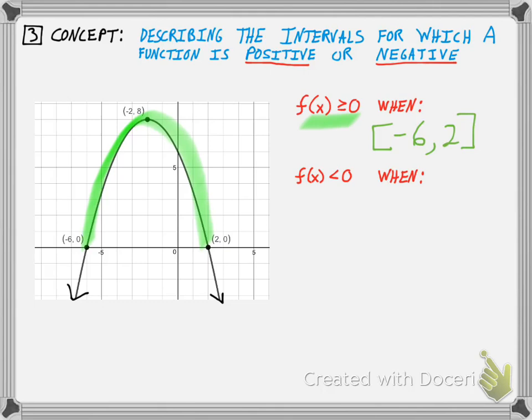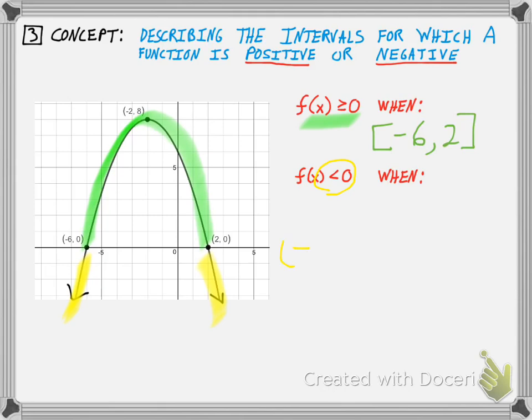pick a different color here. And do the same thing. Places where the function is negative would be this section and this section. And since those are two different sections, I have to answer this question with two different intervals. Notice the strictly less than symbol right there, which means that I only want to give the values below 0, not when it equals 0.